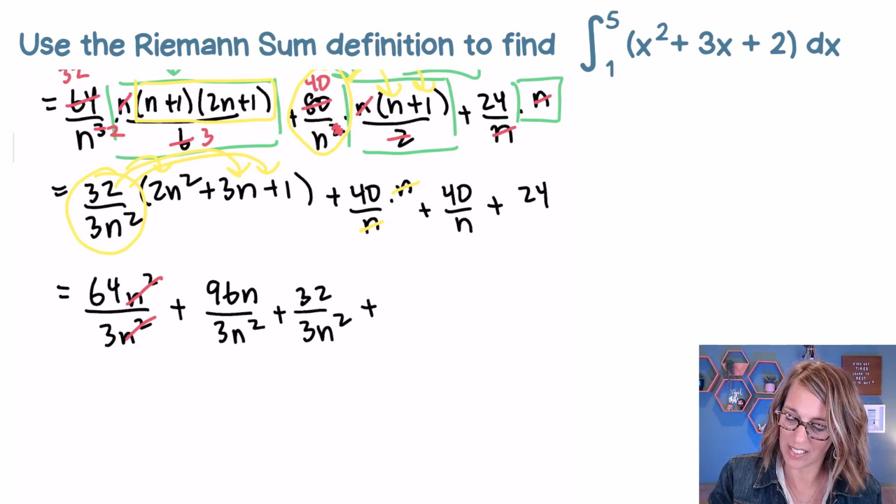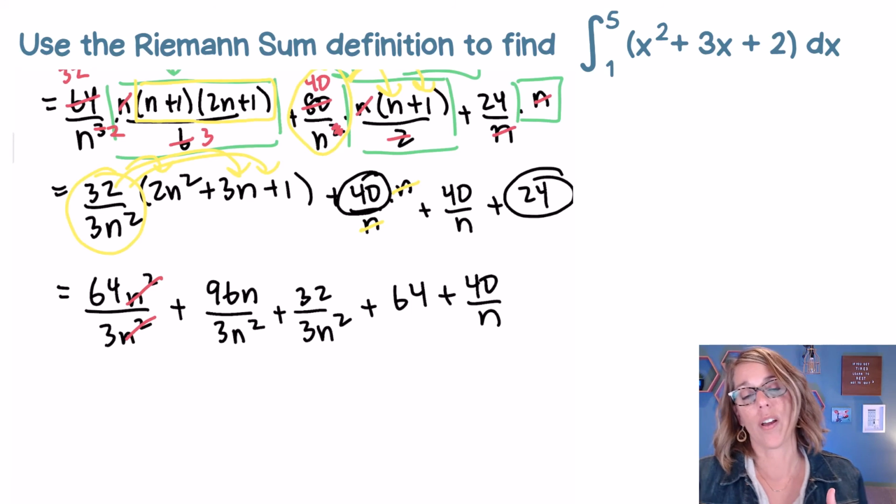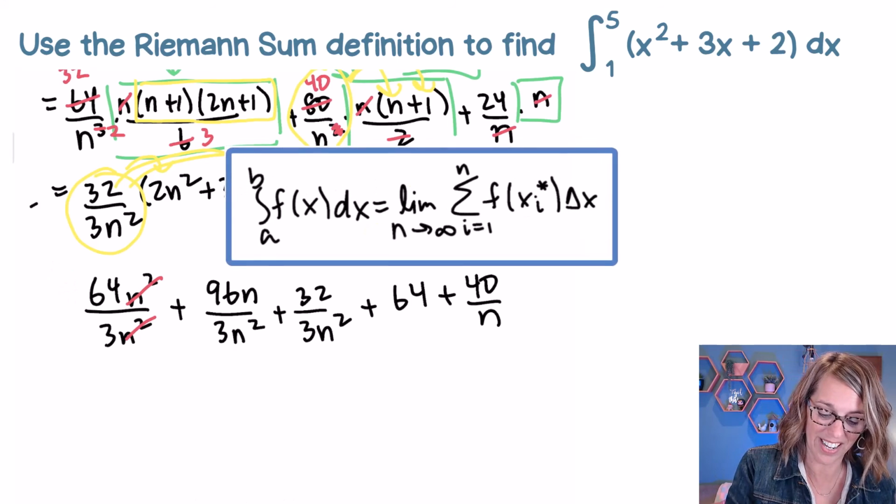Then I've got plus 40. Let's combine these, 40 and 24, so plus 64 plus 40 over n. I'm going to take a shortcut because this is a lot of writing, so I'm going to just erase the equal sign out in front and put in the limit.